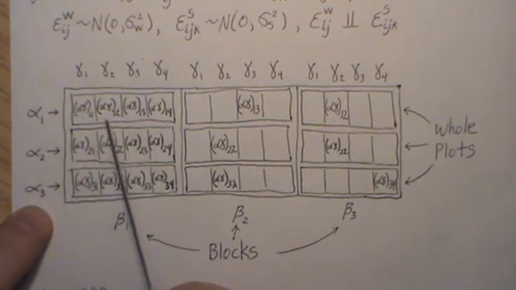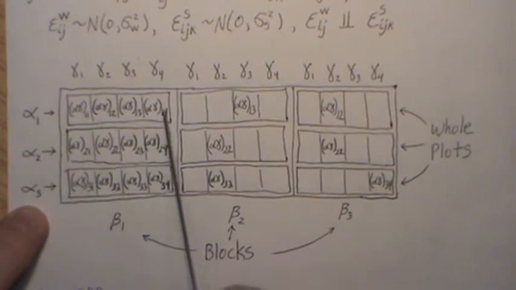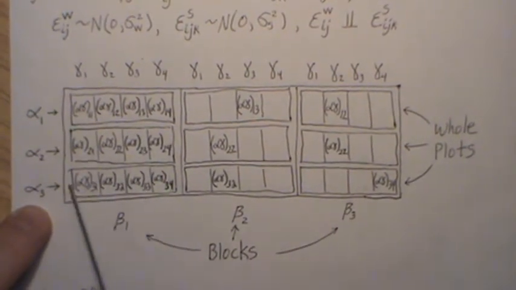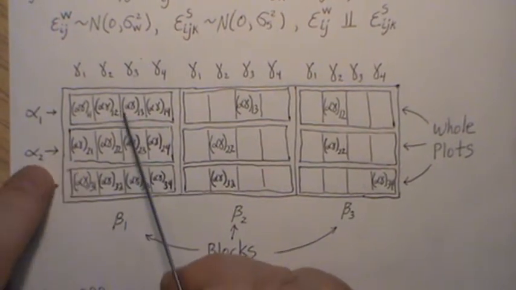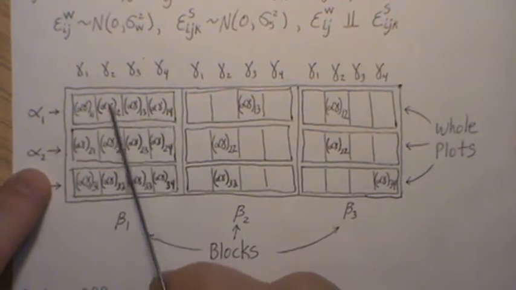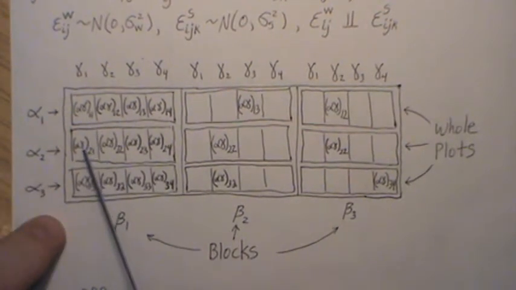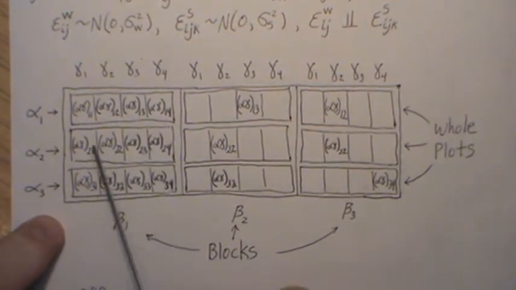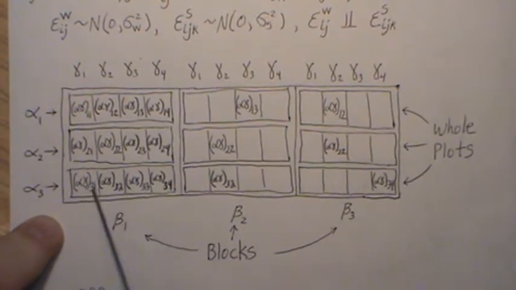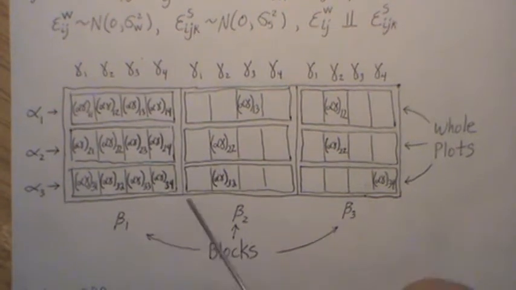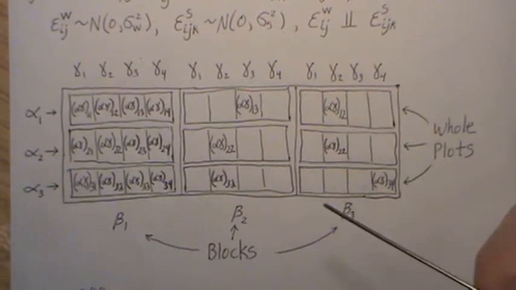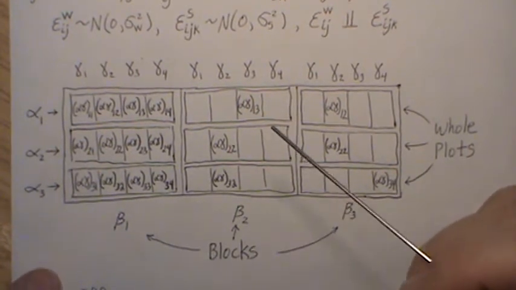The effect from this whole plot is the same as this whole plot, and the same as this whole plot. But isn't that the same as saying that the average effect across these subplots has to equal the average effect across these subplots? And the answer is yes. When you see the hypothesis test, you'll see why we have to write it like that.